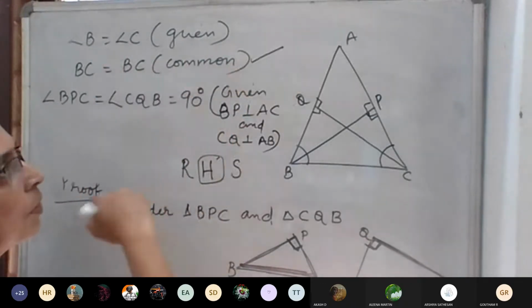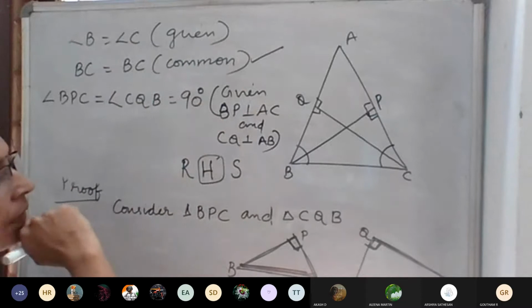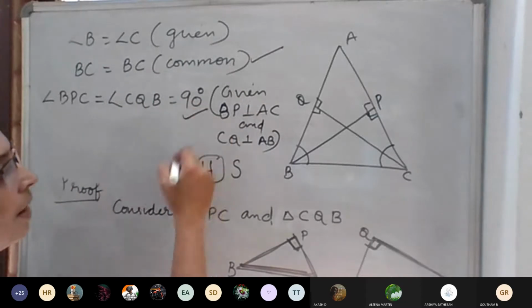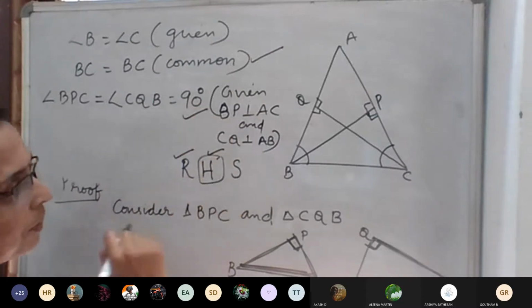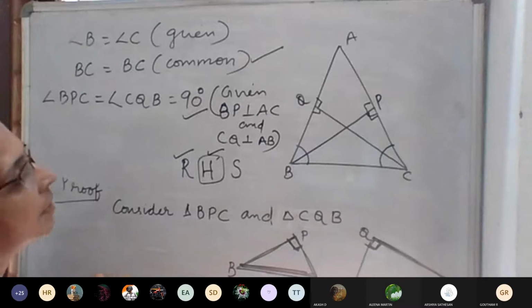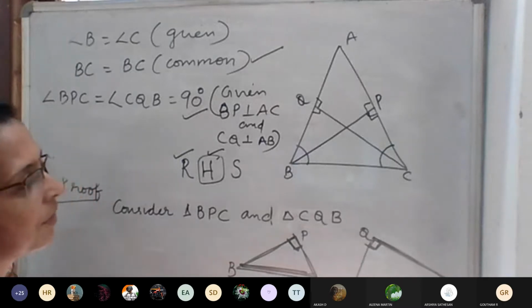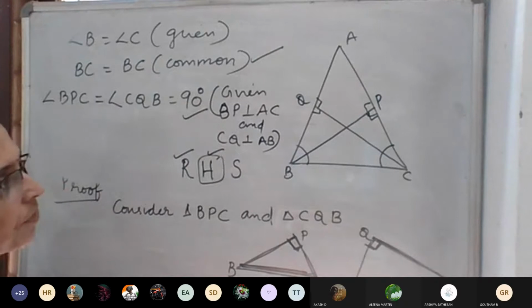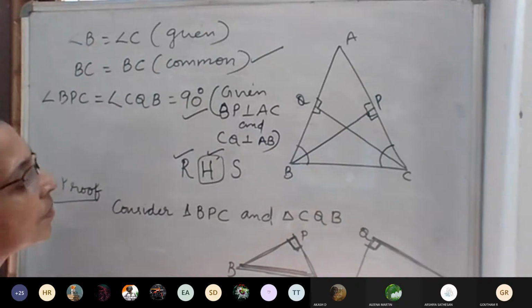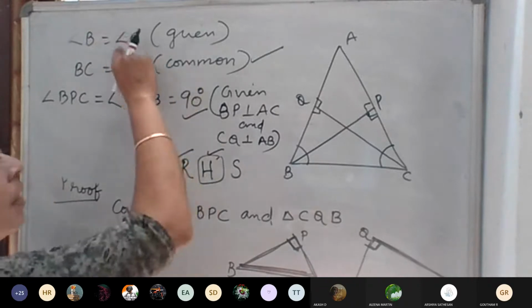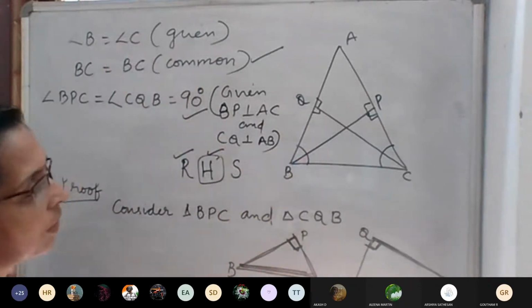So the hypotenuse part is okay, the right angle 90 degree part is okay. Then what about the side? Is there any side we have? Angle B is equal to angle C only, no?